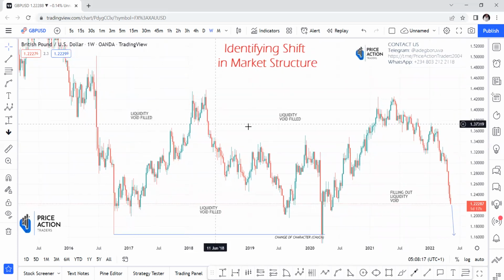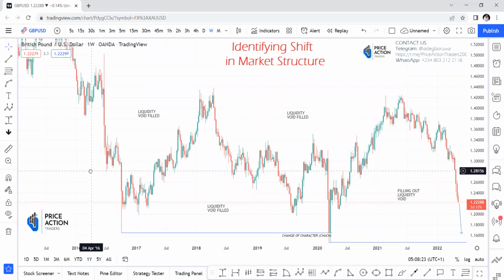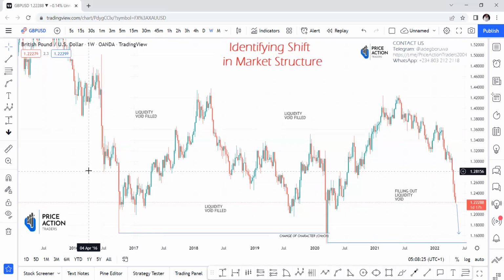It works, but you have to use the change of character or the BMS and the liquidity sweeps to filter whether that is likely going to be the end of that, the resumption of a new structure.